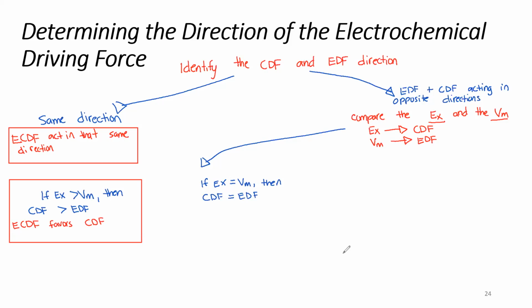And therefore, the electrochemical driving force is going to be 0. Remember, it's going to cancel out. Both of these forces cancel out if they're opposite, but they're also equal. And then here we say that the ions are at equilibrium, so there's no net movement.